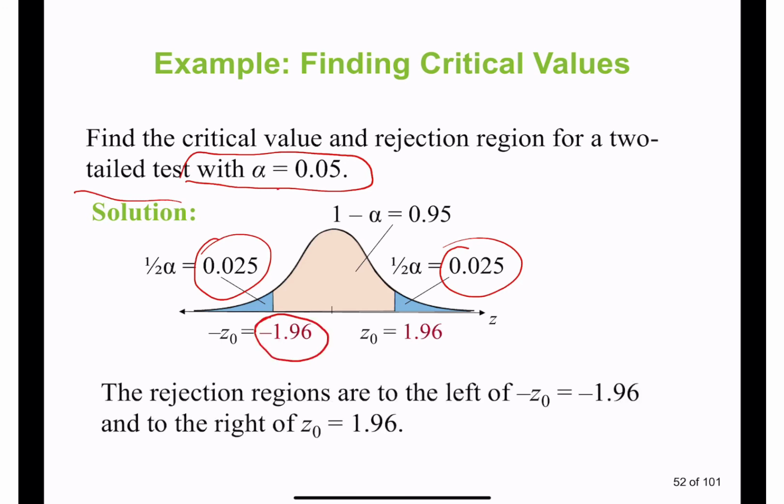Once you find negative 1.96, you take the same value, flip the sign to plus, and you get positive 1.96. Otherwise, you don't need to do anything. If you get negative z-critical, negative 2.175, then positive z-critical will be positive 2.175. All right? Here we go. So the z-critical for alpha equals 0.05 is plus or minus 1.96.